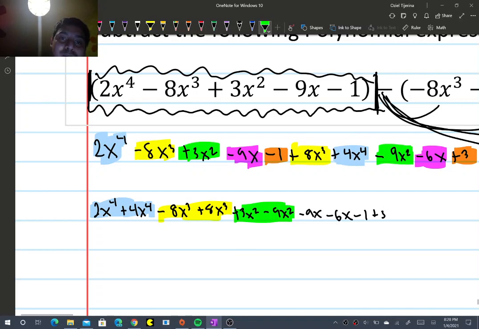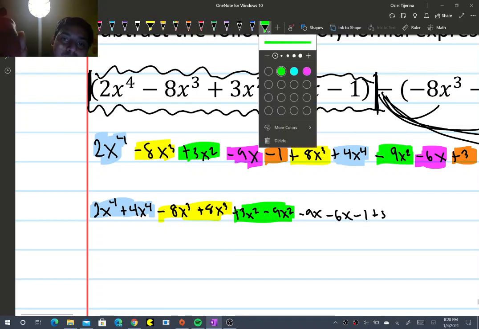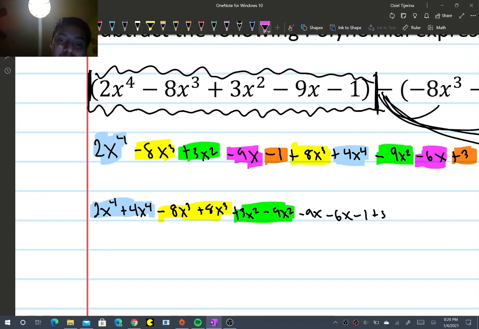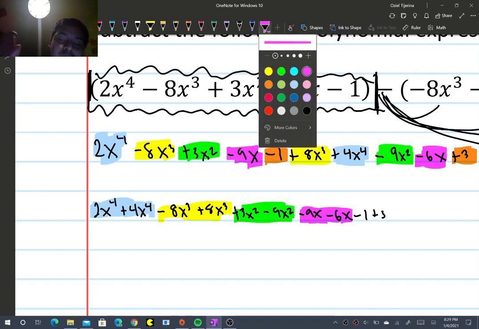What I mean by exponents is the little number that goes above your x, okay? So you notice how it goes 4, 3, 2, 1, and then the number that doesn't have an x on it, because they're constants, basically.